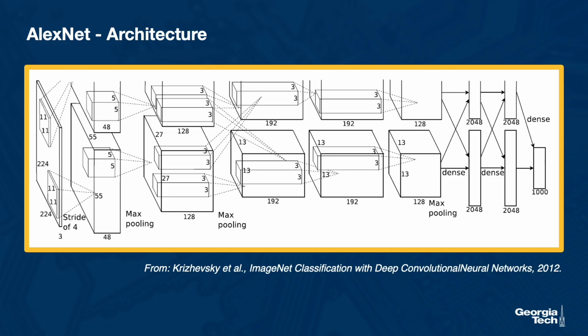You have a particular convolution layer here of size 11 by 11, performed with a stride of 4. And then you have max pooling layers and additional convolution layers and max pooling layers and so on, all the way to a fully connected layer at the end that leads to output nodes that have 1,000 dimensionality, since there are 1,000 classes.